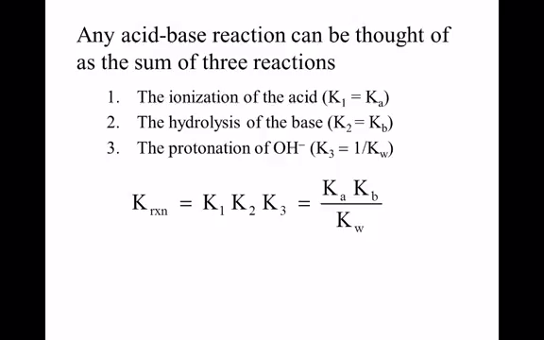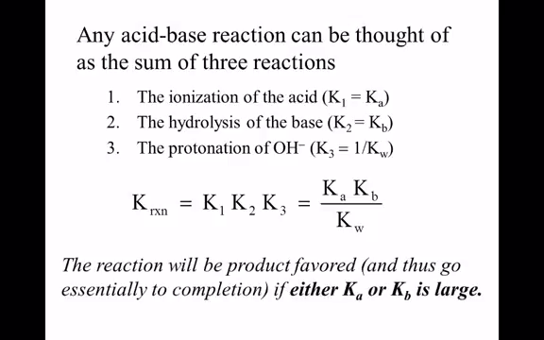What's Ka times Kb? Kw. Okay. So in general, if the Ka of your ionization or the Kb of your hydrolysis, absconding onto a proton, is relatively large, it will go in the forward direction.